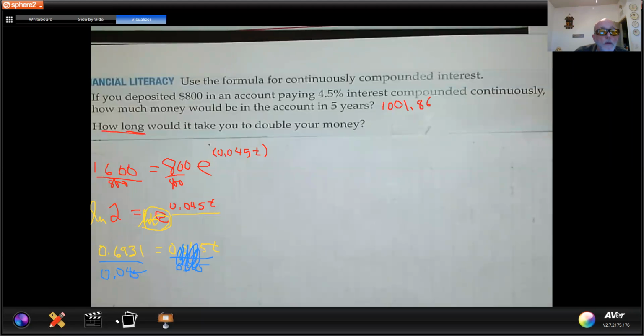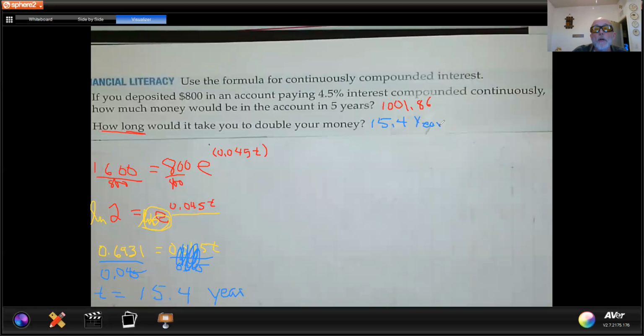T equals 0.6931 divided by 0.045. The answer is 15.4 years. Ta-da! How long would it take me to double my money? 15.4 years.